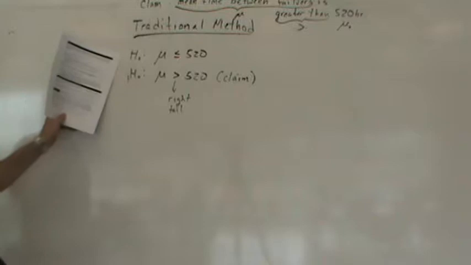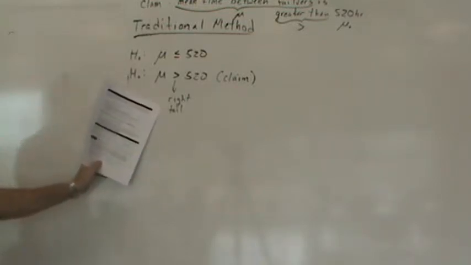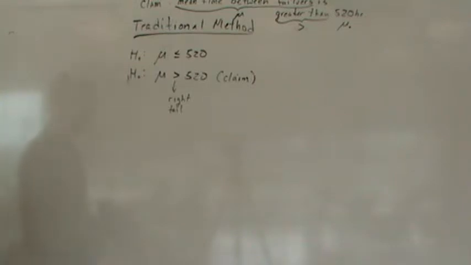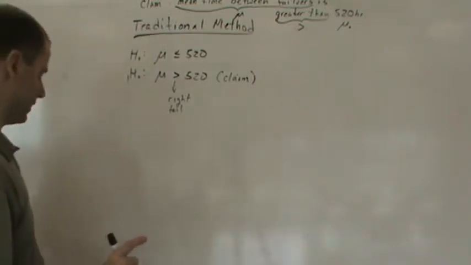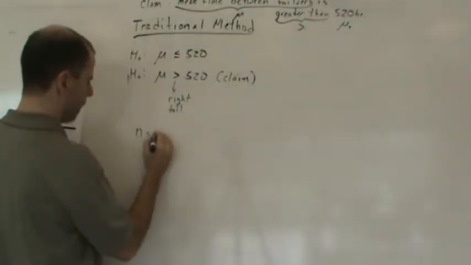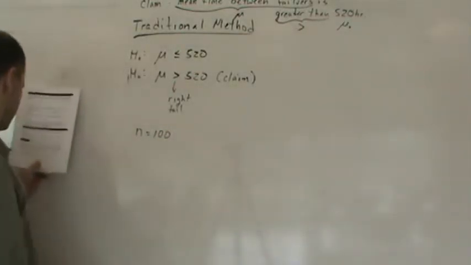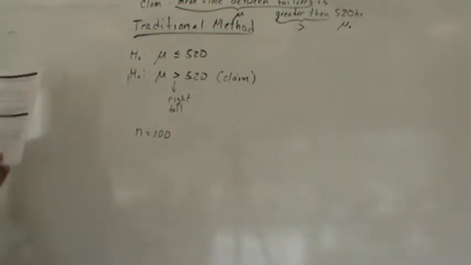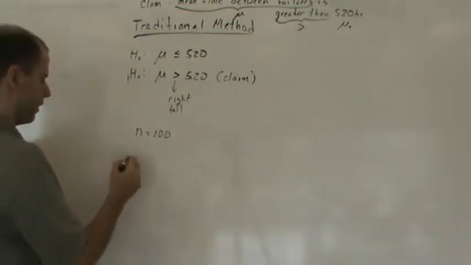We're going to assume the null is true, and the test we're going to do is a right tail test. Now, what information did they tell us? They took a sample of 100 modified parts, so n is 100. And they give us the standard deviation.